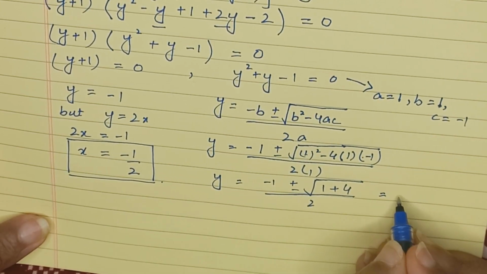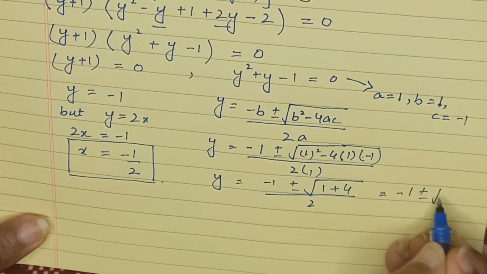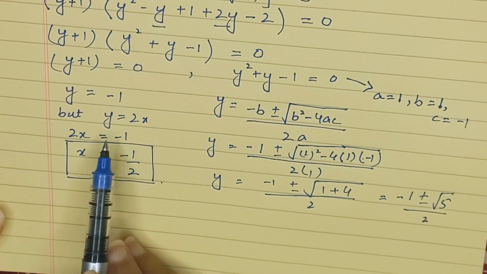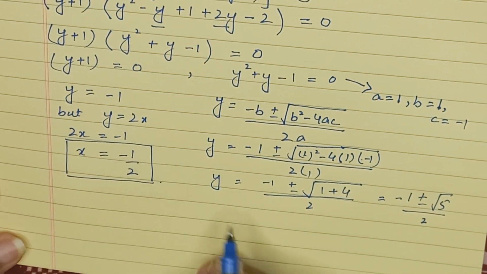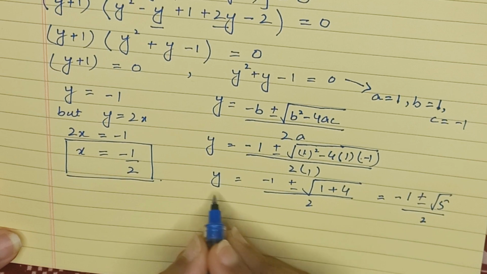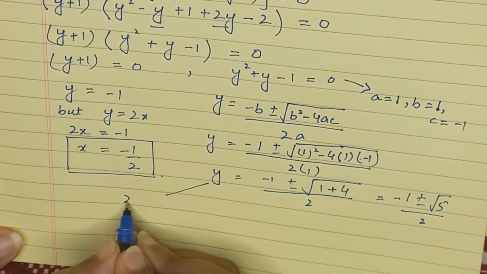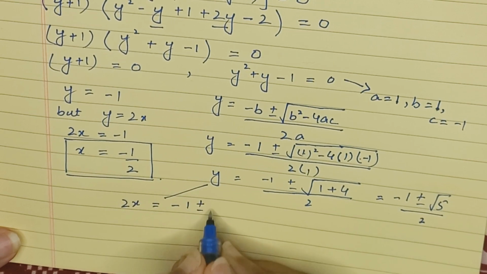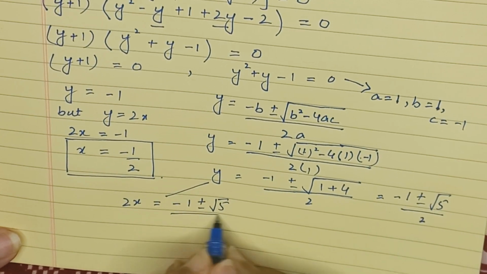So it will be equal to minus 1 plus minus square root of 5 divided by 2, but y is equal to 2x, so 2x is equal to minus 1 plus minus square root of 5 divided by 2.